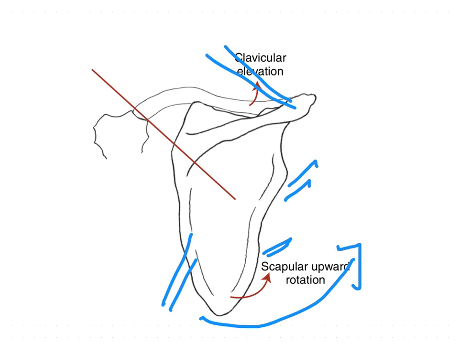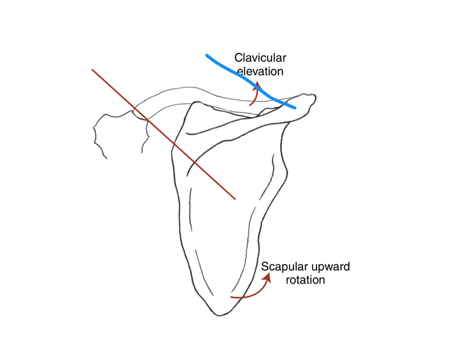Upward rotation of the scapula at the acromioclavicular joint would result in movement of the coracoid process of the scapula inferiorly. Because of the attachment of the coracoclavicular ligament, the movement at the acromioclavicular joint is limited, but the forces produced by these muscles would cause the coracoid process, which is present on the anterior aspect of the scapula, to move inferiorly.